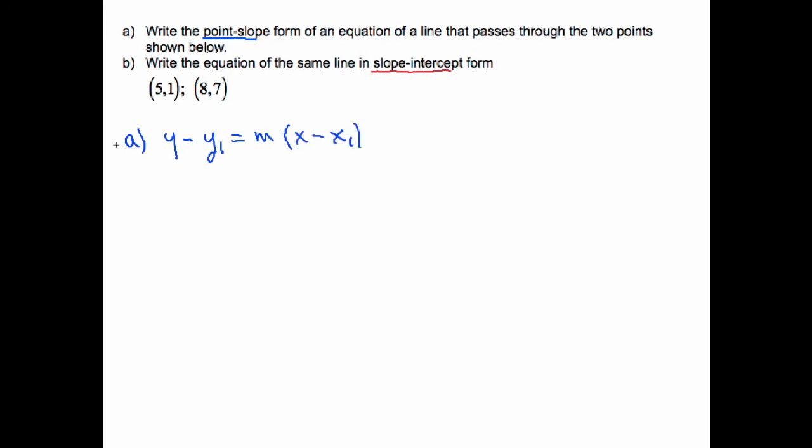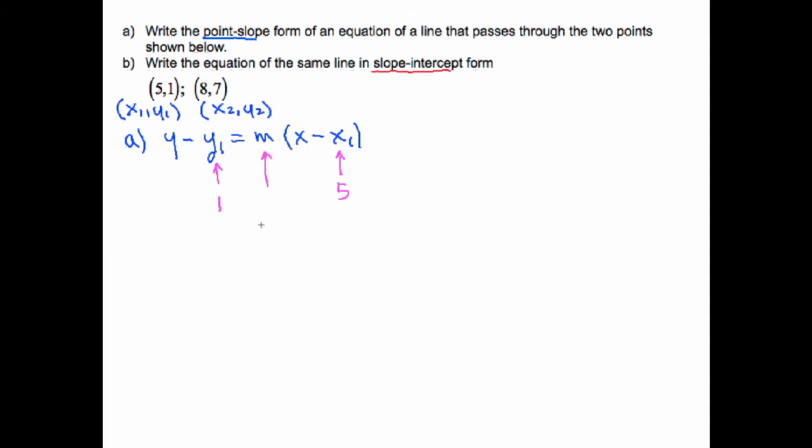So let's begin by labeling 5, 1 as x1, y1, and 8, 7 will be x2, y2. And we're going to substitute in for x1 a 5. For y1, we'll substitute in a 1. And we're going to have to find the slope.